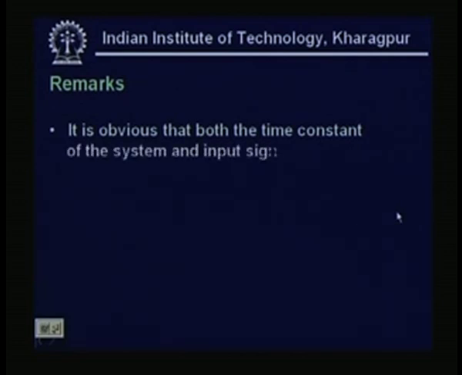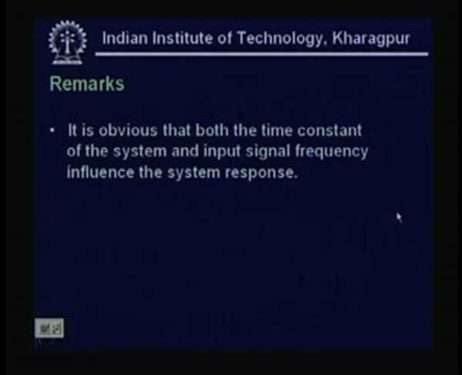Now, the remarks will appear like this. It is obvious that both the time constant of the system and the input signal frequency influence the system response. So, the system response will depend on both omega and tau. We have seen why, because you see the amplitude also.